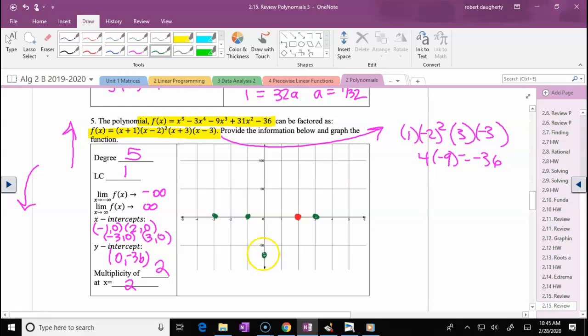So it doesn't really matter to me, but just mark that down here somewhere, 0, negative 36. And then this graph has to start from the bottom, so it needs to go up, and can it do all of those things? So can it go up, hit the y-intercept, not cross, cross one more time, and keep going on your way up. So that is the graph of this particular polynomial.